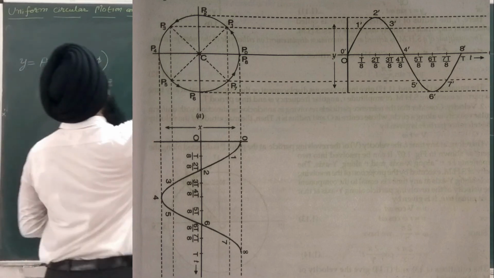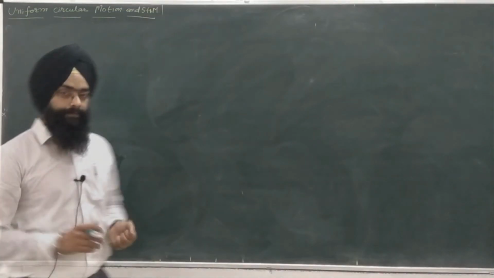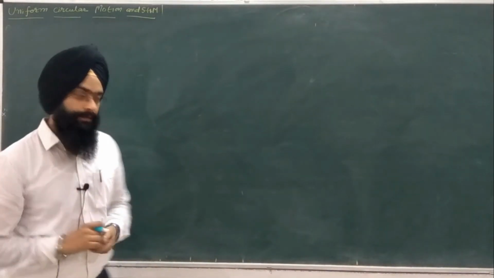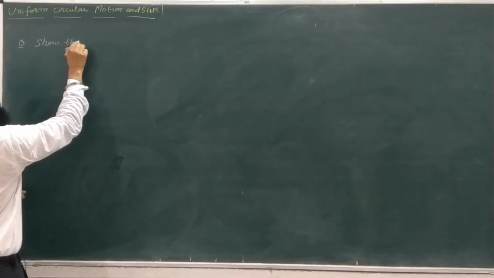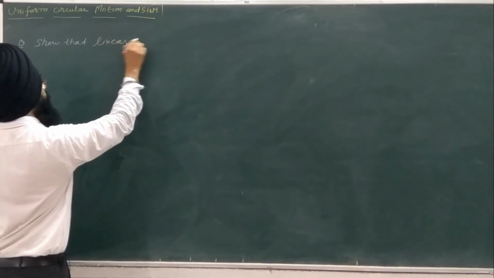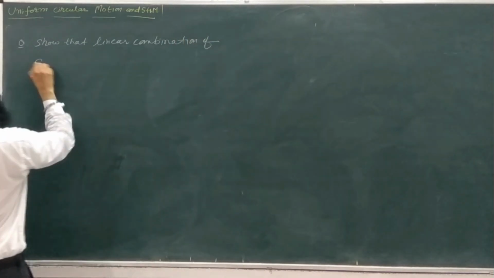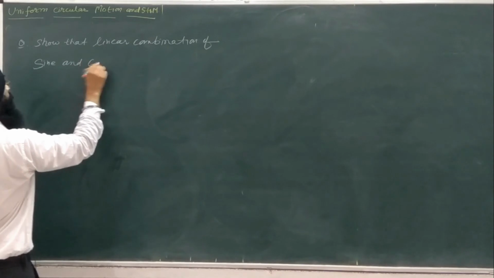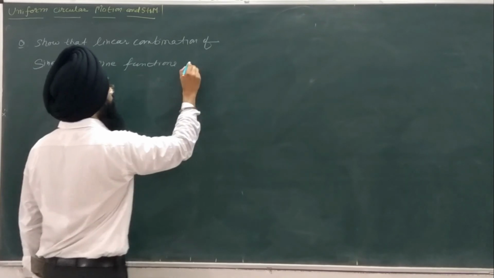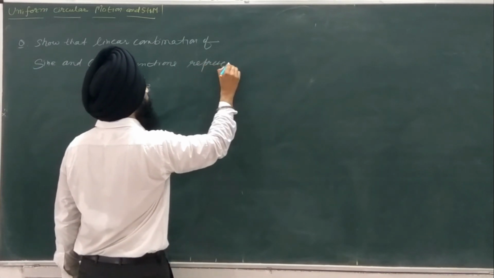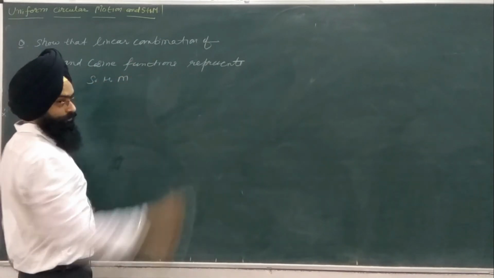Sometimes a very important question is asked here. The question is: show that a linear combination of sine and cosine functions represents simple harmonic motion.